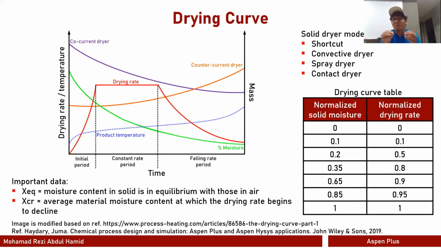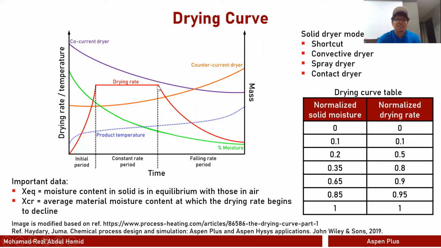Because they are equal, you cannot go higher. You cannot have a greater drying rate if you don't have liquid on the surface to begin with. So there's a point where the rate of liquid migrating from the interior of your solid to the surface is equal to the rate of evaporation.